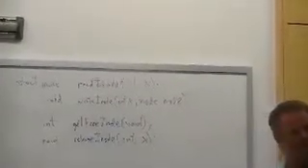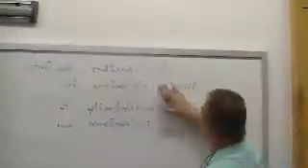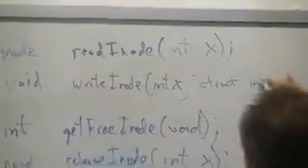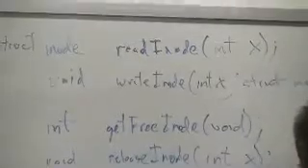And what does it return? It returns a type struct inode. What does this guy do? He writes the inode. So to be consistent, struct inode, and I'm going to call it node.